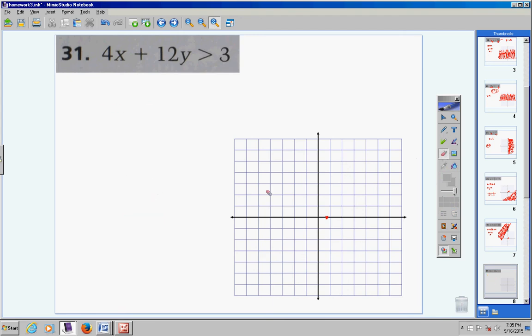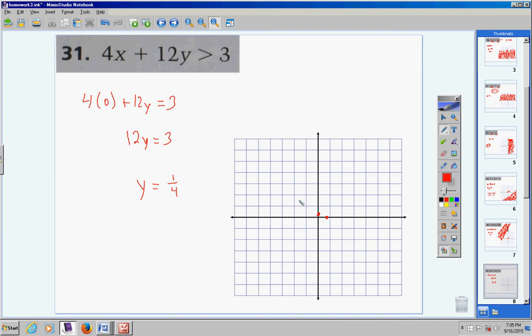Just estimate that. Now I'm going to put 0 in for x to get the y-intercept. 4 times 0 is 0 plus 12y is 12y. Divide both sides by 12, and 3 divided by 12 is 1/4. Okay? So, kind of weird, but we can handle that. There we go, okay?